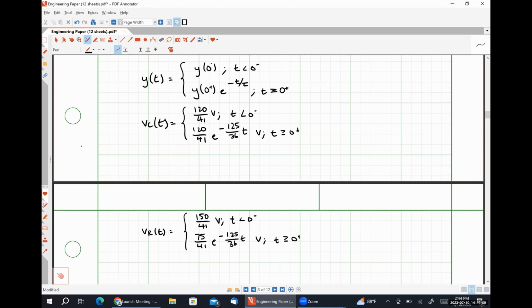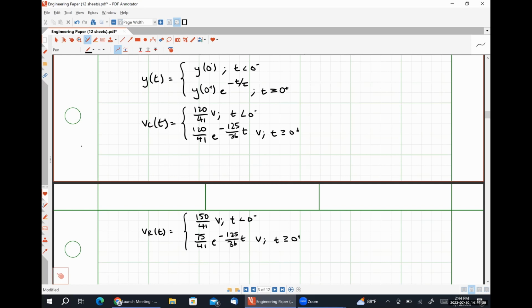So the e to the negative t over tau will be true for any first order circuit. Tau is equal to R times C because it is an RC circuit. If we had had an RL circuit, this would be the exact same relationship, except that tau would be L over R. Got it. Thank you. Yep.